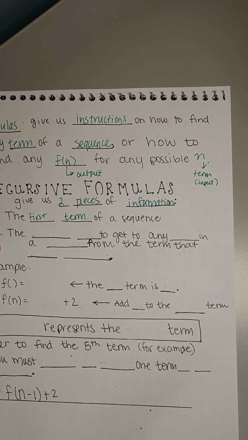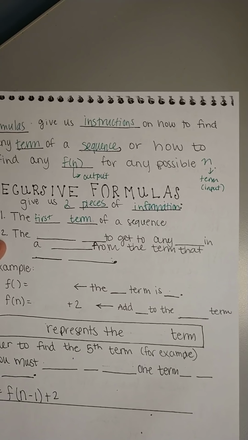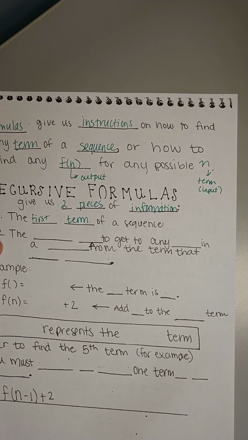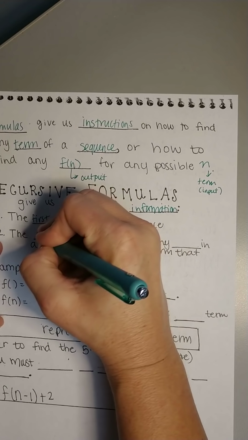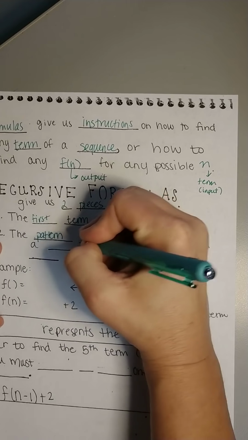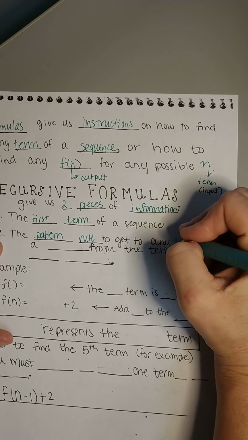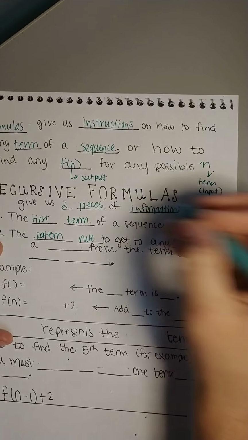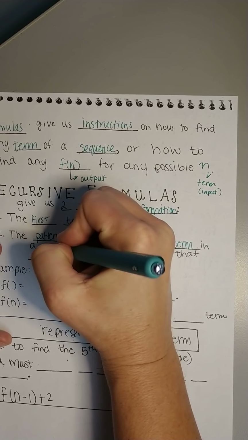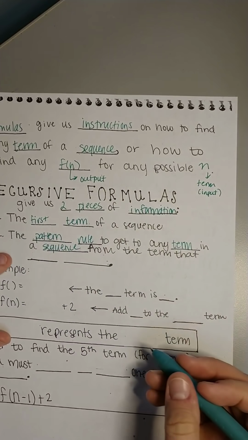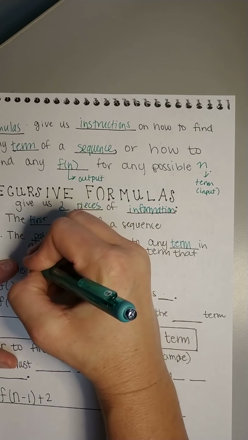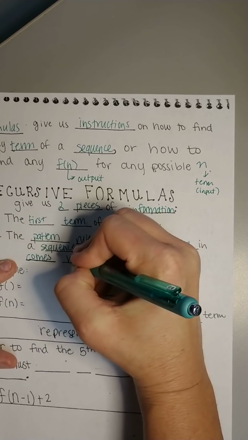The second piece of information is the pattern rule to get to any term in a sequence from the term that comes before it.